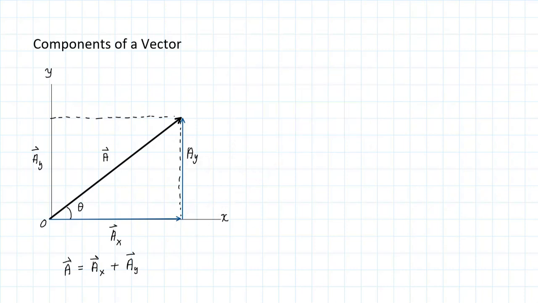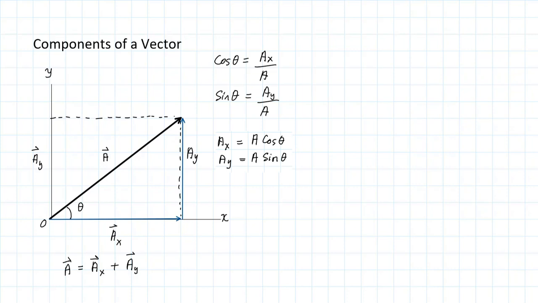That is, cosine of the angle theta is equal to adjacent, which is ax, divided by hypotenuse, which is A, and sine of the angle theta is equal to opposite, which is ay, divided by hypotenuse, which is A. So that we get ax equals A cos theta and ay equals A sin theta.